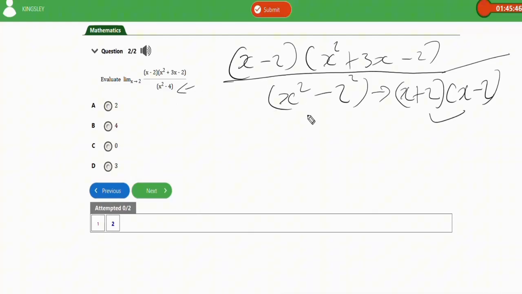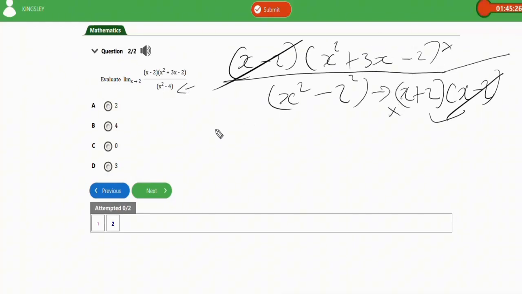So let's go ahead and simplify this. We now have common factors. This will cancel itself, this will cancel itself, so we're left with this and this. So let's substitute 2 in them respectively.